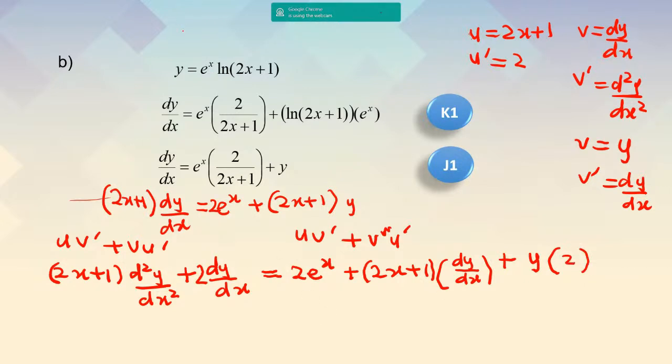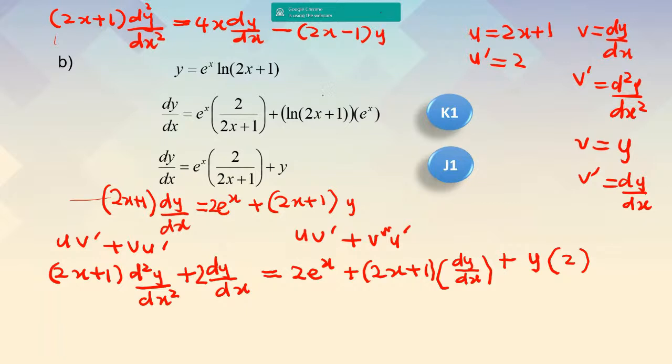So we are going to show that 2x plus 1 d square y over dx square equals 4x dy over dx minus 2x minus 1 y.